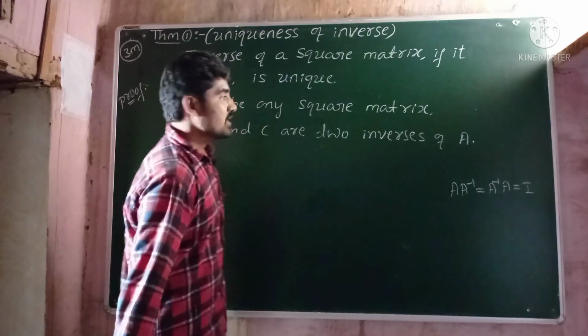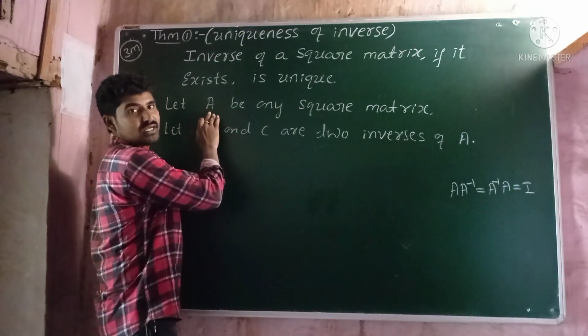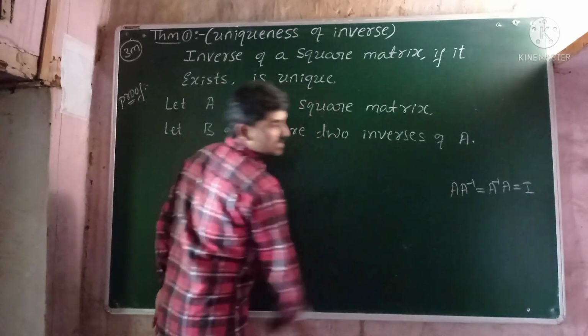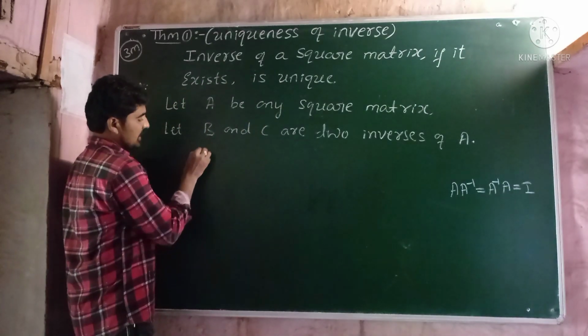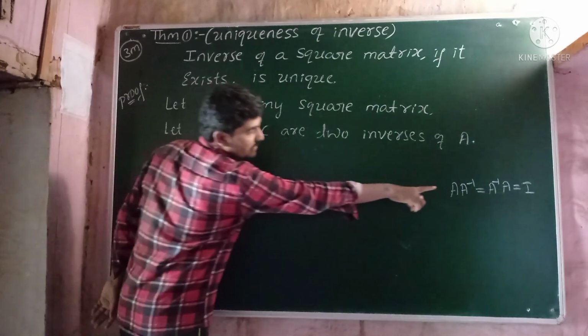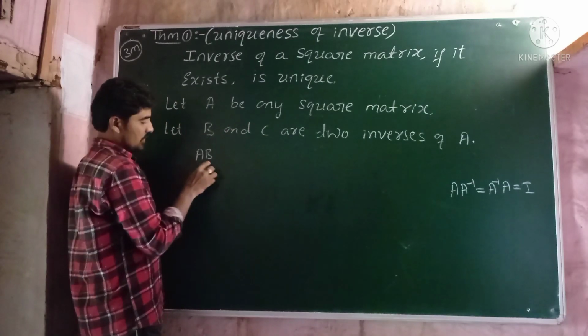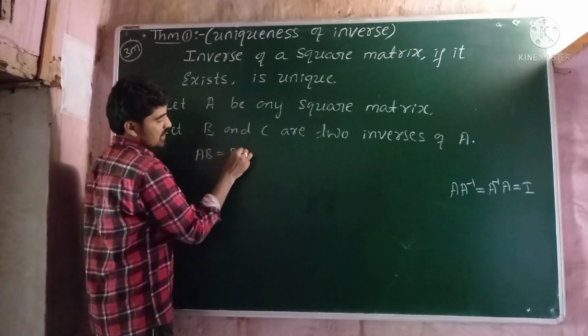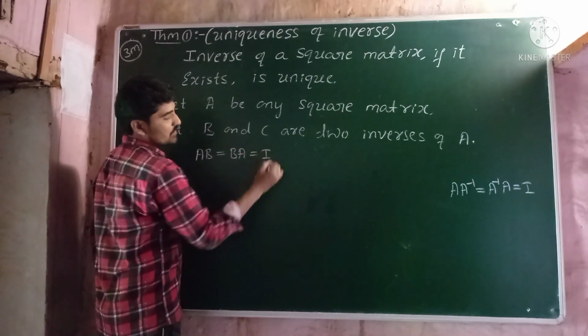So here B is the inverse of the matrix A. Therefore, by using this equation, we can write A into B matrix, in place of A inverse, B. So AB matrix is equal to BA matrix is equal to unit matrix.